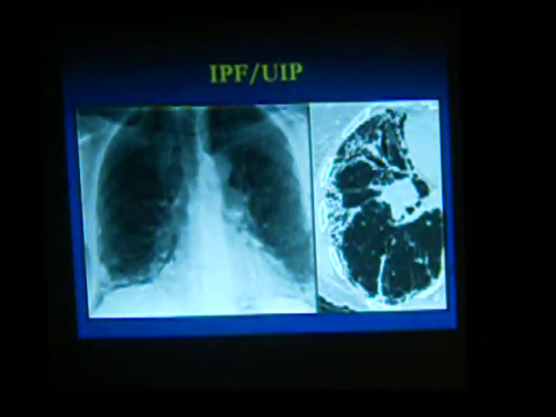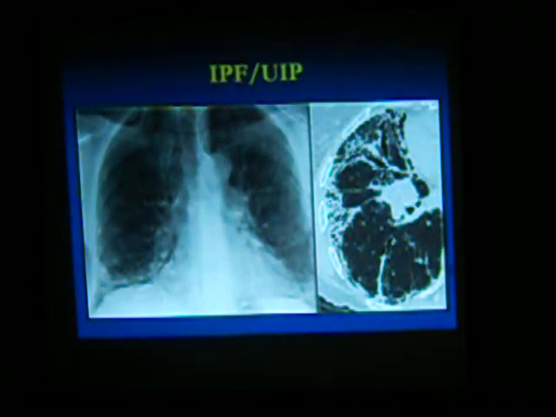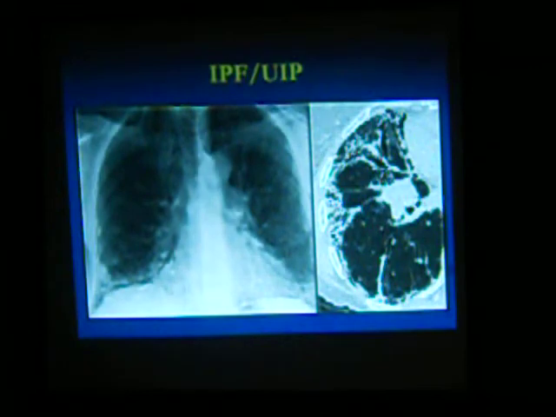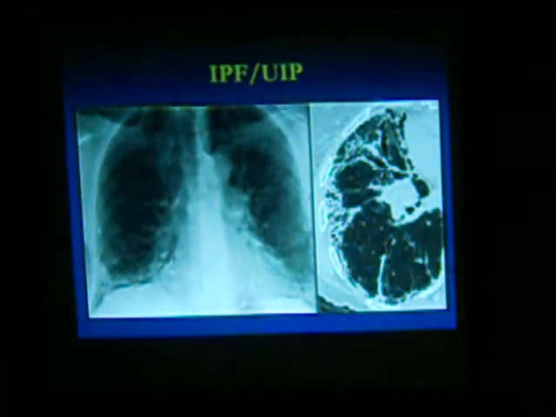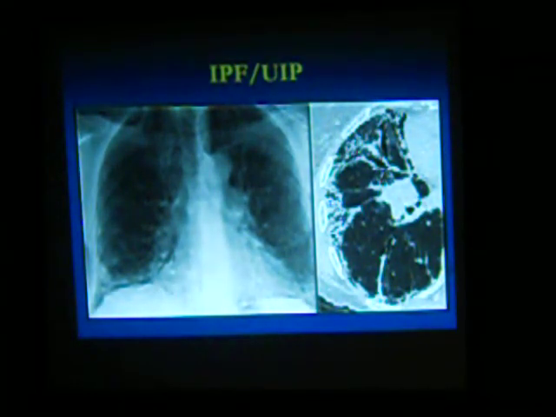People who respond to steroids are those who have ground glass opacities on high resolution CT, which means they still have an active, ongoing inflammatory reaction. So if you hit them with anti-inflammatory agents, they may respond. But if the inflammation is gone, there's just remnant of fibrotic changes, then probably they're not going to respond to the treatment. So it's a healing process. Exactly. This is like an advanced fibrotic stage now.